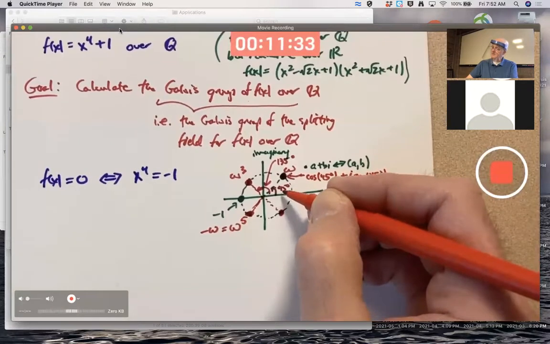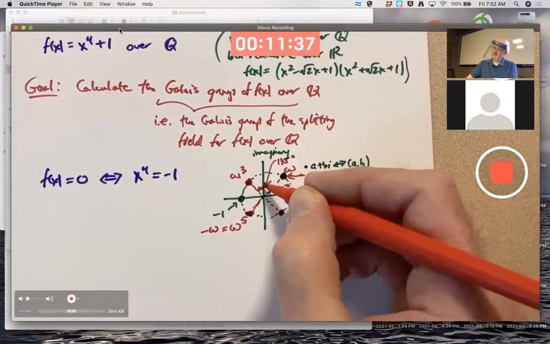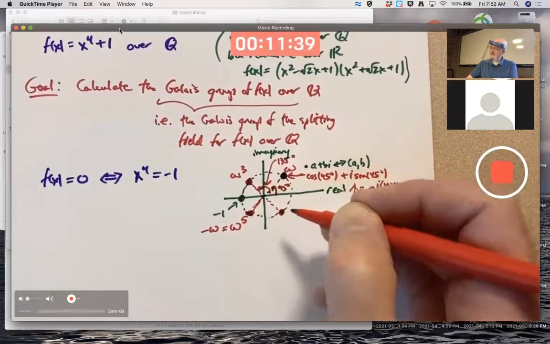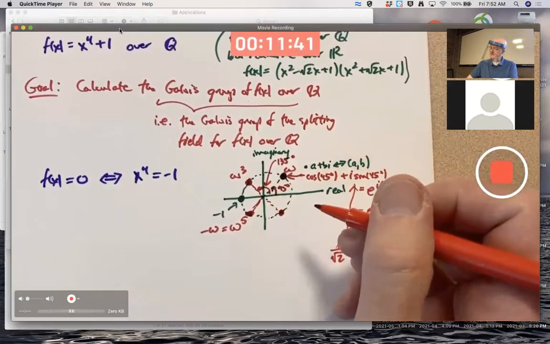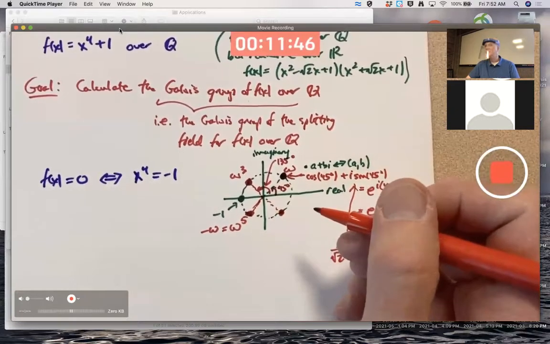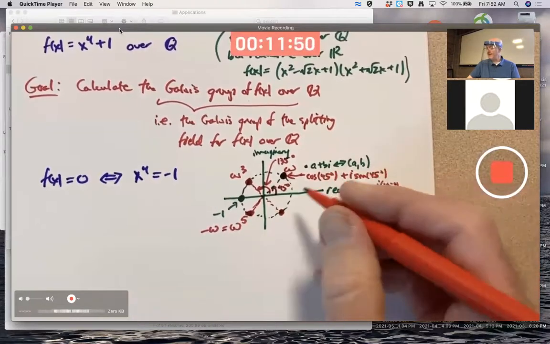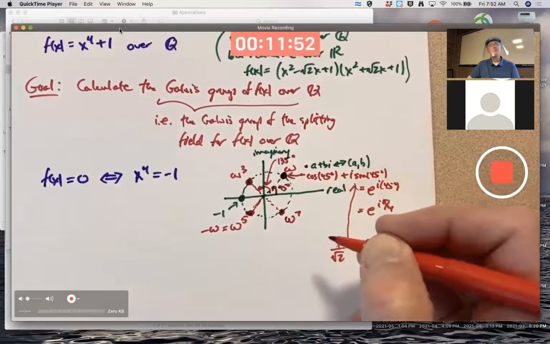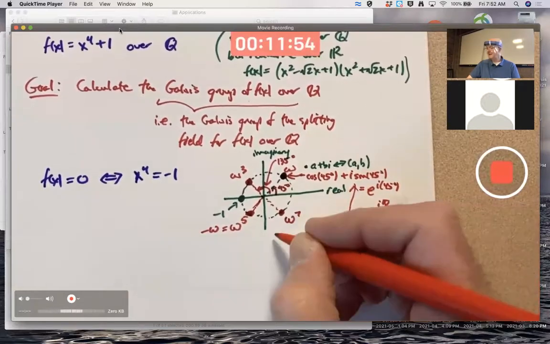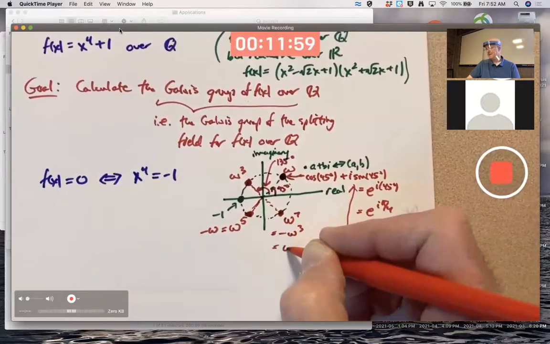The positive angle this would have with the positive real axis going around this way would be, what would it be, 315 degrees? Is that right? Yeah, 315 degrees. It's omega to the 7th. It's also the opposite of omega cubed. It's also the complex conjugate of omega.